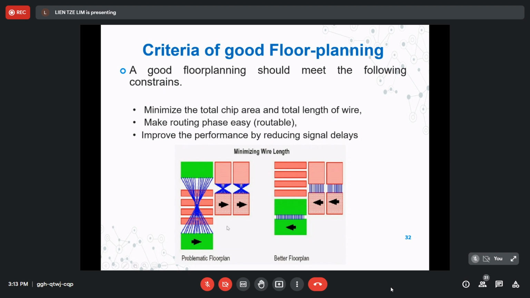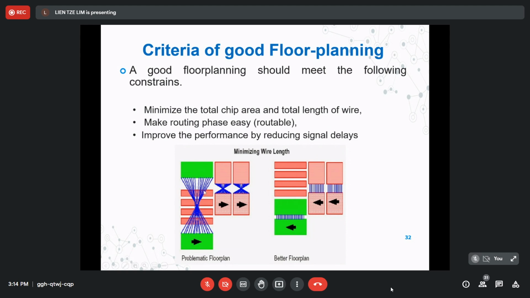Here a figure shows two floor plans. One is a problematic floor plan, another one is a better floor plan. For the problematic floor plan, as you see, the blue line is the wire, or we call it the routes.